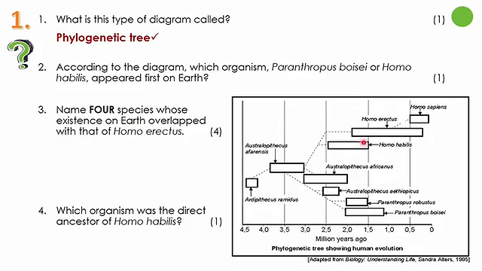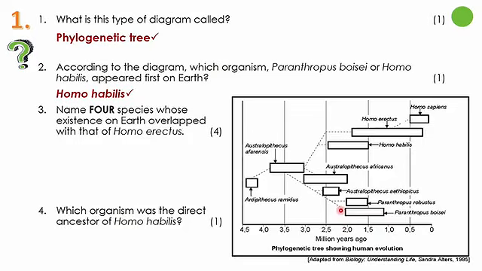Where does that bar, which indicates the period that they have been on Earth for, where did it start? And we draw a line straight down, and we try and read off the time scale there. Okay, and obviously we can see that Homo habilis was the first one to appear on Earth, and only much later did Paranthropus boisei appear, and that was at around 2 million years ago.